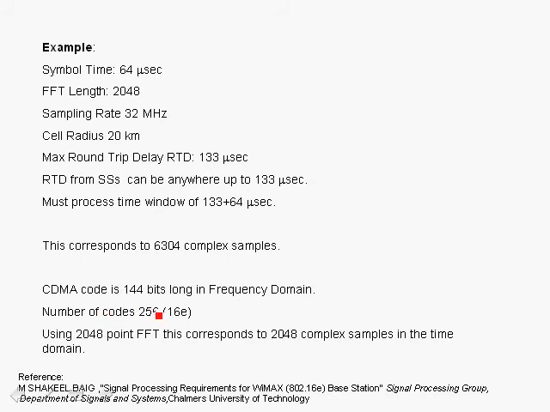In fact, if we take the inverse FFT, then they are 2048 samples in the time domain. We have a total received window of 6304 to accommodate the long round-trip delay corresponding to 20 kilometers. And the point is to find the timing offset.